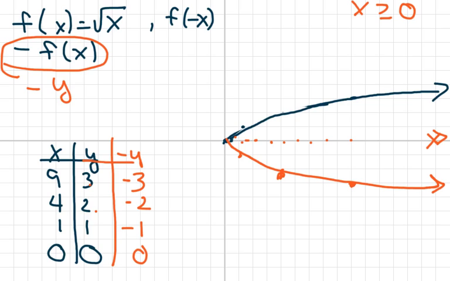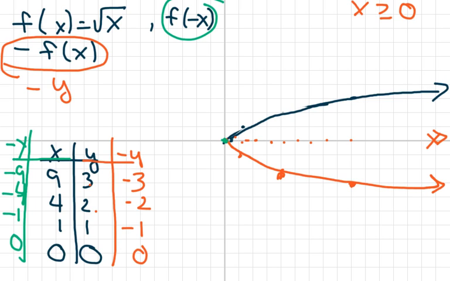Now for this one, this is going to be reflection over the y. And what this states is that we're going to make our x negative. So basically, I'm going to put the negative here, negative x. So this is negative 9, negative 4, negative 1, and 0. And when you plot that, I'm going to plot the 0, 0.